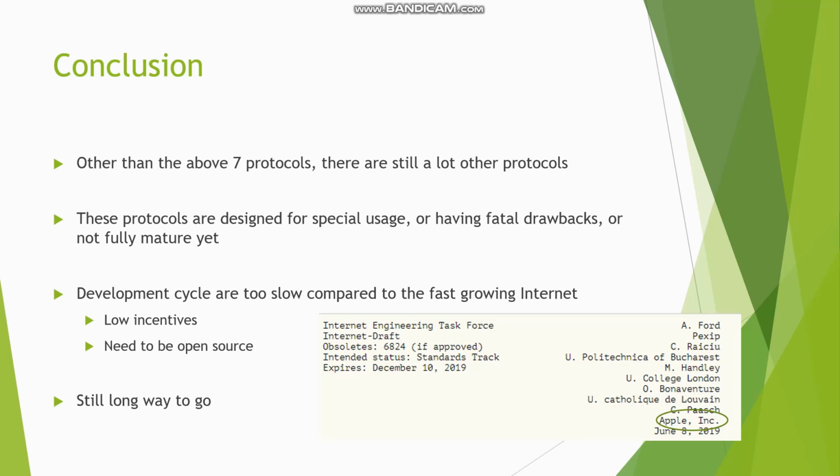Furthermore, the cycle of developing and standardizing a protocol is too long compared to the fast-growing needs in the internet world. Also, when a protocol needs to be standardized, it has to remain open-sourced so that other OS producers and application developers can implement it, which sounds unprofitable to companies. Though Apple made its own effort, ATCP, it was before TCP dominated the internet world.